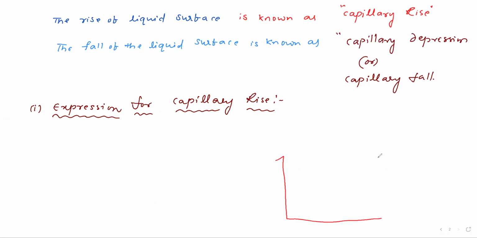This vessel contains a liquid, say water. There is an amount of water inside this vessel. Clear?